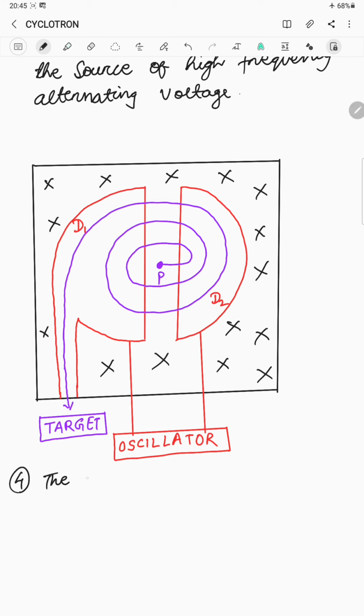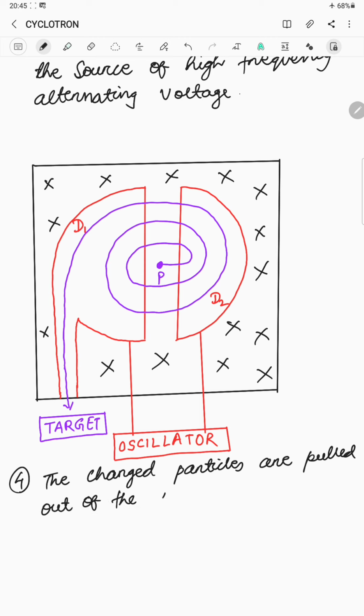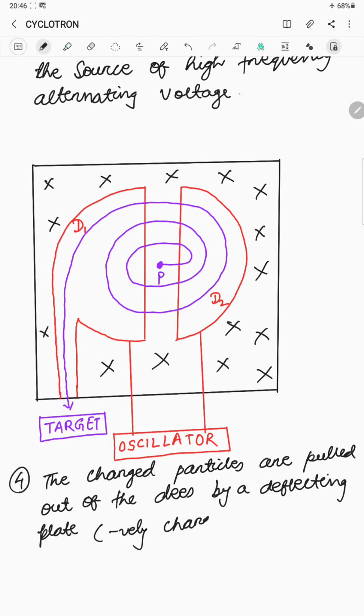So you can write here the charged particles are pulled out of the D's by a deflecting plate which is generally negatively charged, through a window which I have shown in the diagram, and through that window it will hit the target.